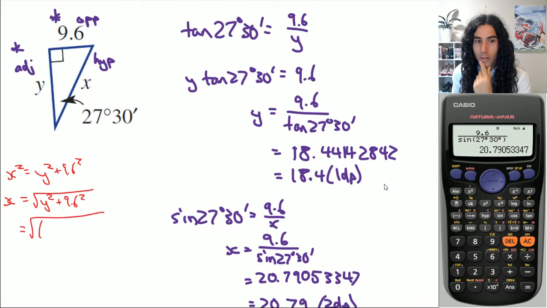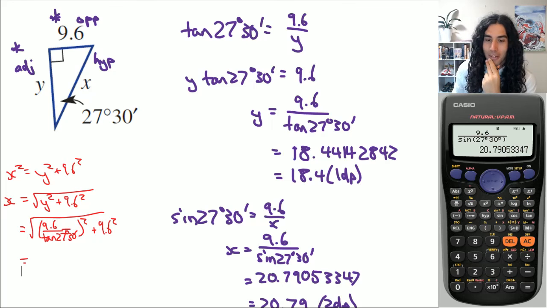It's 9.6 over tan 27 30, squared, plus 9.6 squared. Now that looks kind of scary, right?